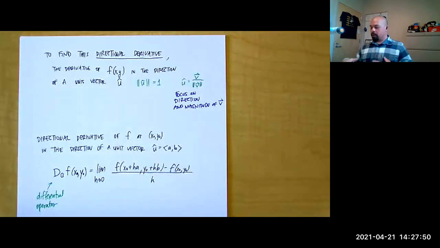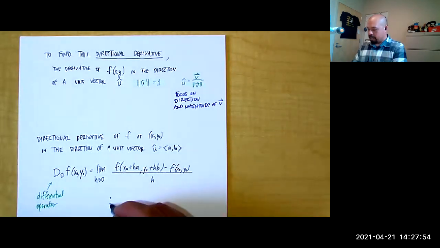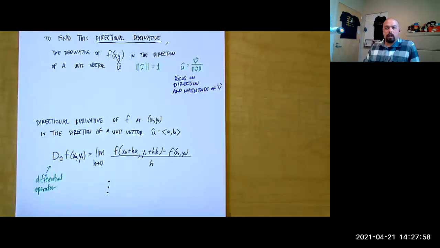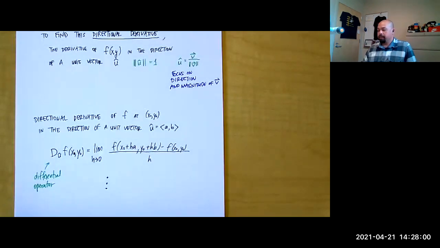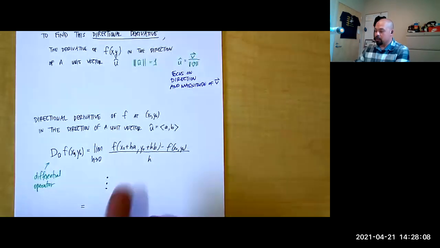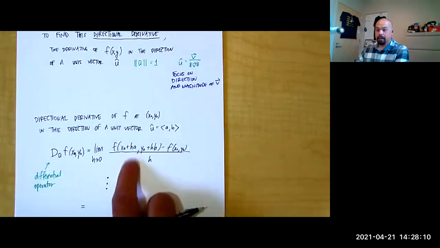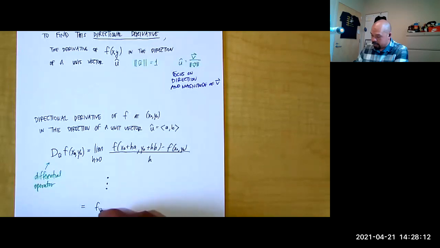And so if we start to put those components in, okay, I'll put a little dot, dot, dot, thinking about separating that limit as well, using some of our old Calc 1 and even Calc 3 limit laws, we can start to separate this and see, well, this is going to look like the partial with respect to x evaluated at that x naught, y naught times a, right?